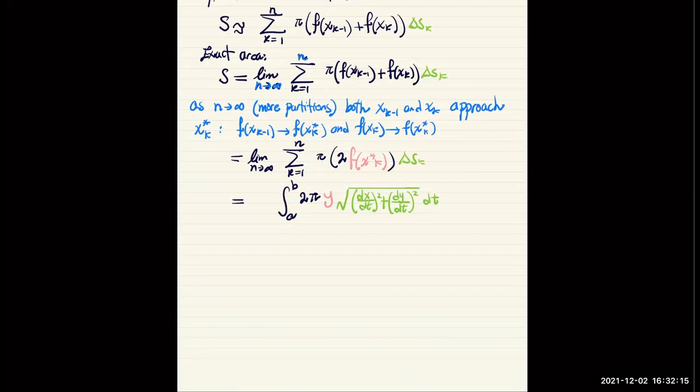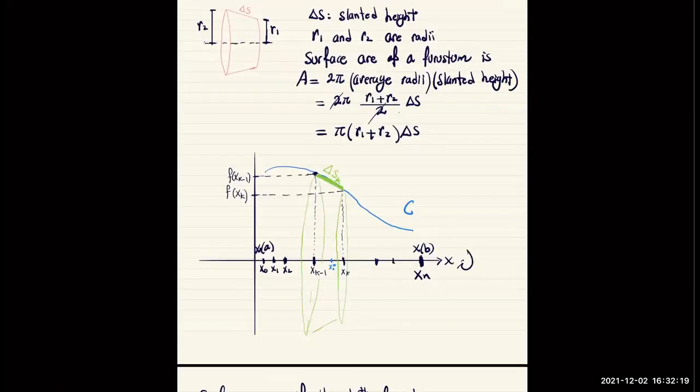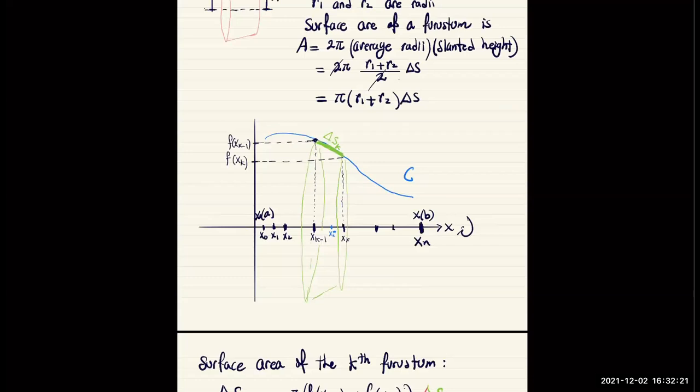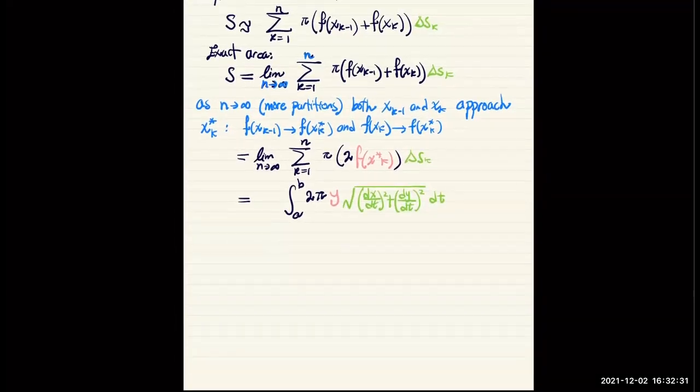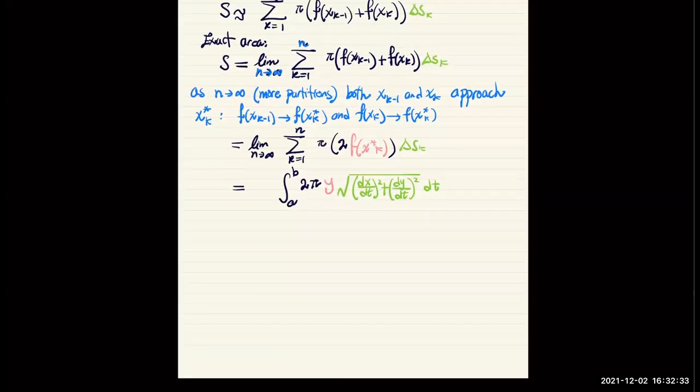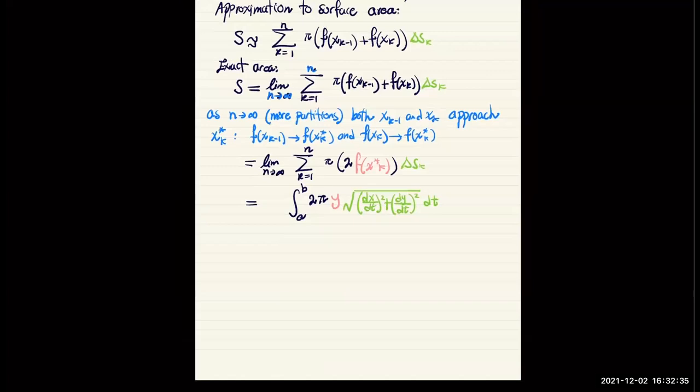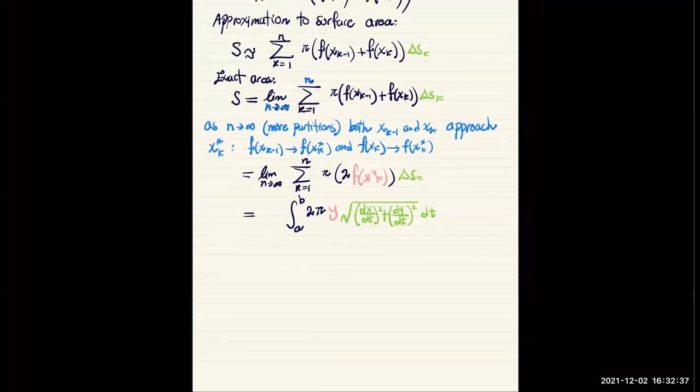Should be x instead of y. Yes, we have x instead of y. If, let's say this goes around, then this would be the radius, and that distance is x. I'm not sure if the book does problems with revolution around the y-axis, but in case.